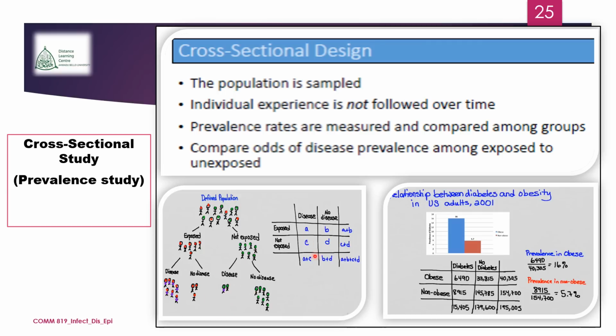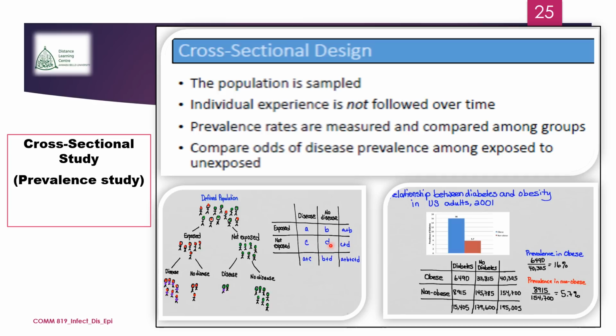Using a 2 by 2 table that we discussed earlier, this is the disease, which is our case definition. This is the non-disease, then exposed and not exposed. So remember our A, B, C, D.